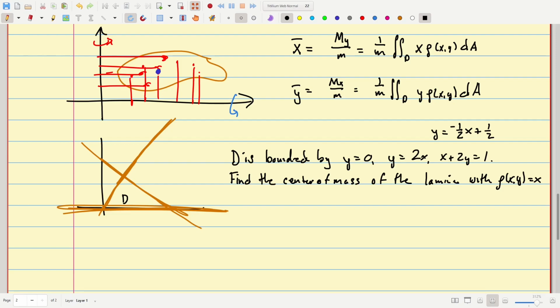There's a more delicate way to do this, but we need our bounds. So we need 2x to equal this. That's going to be this point, right? The fact that it's at 0, 0 is pretty obvious, and we just need one more.